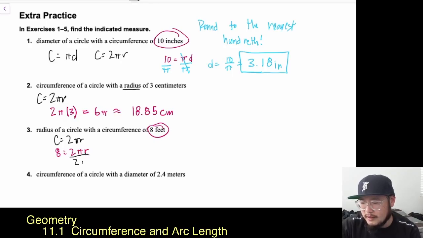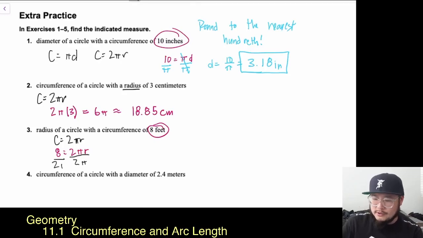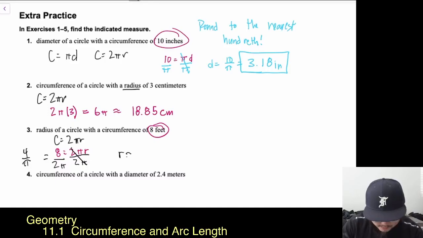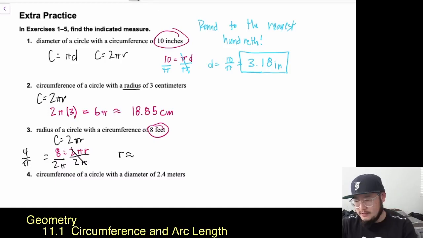Okay, and so an exact answer, this would be 4 over pi in simplest form. If we plug that into your calculator, 4 divided by pi, this ends up becoming approximately 1.27. And we're dealing with feet. And so there you go.